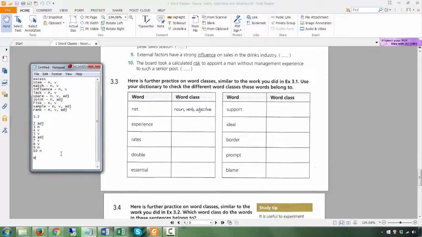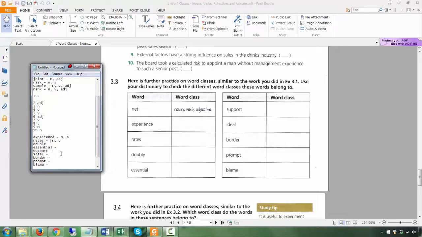So you have experience, rates, double, essential, support, ideal, border, prompt, blame. Okay, so experience, what is experience? Experience is a noun or verb. Rates is a noun or verb.